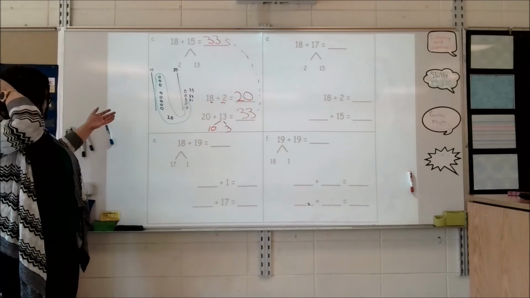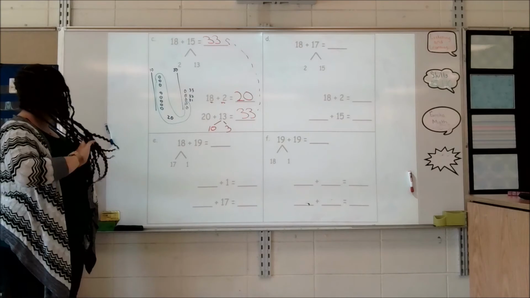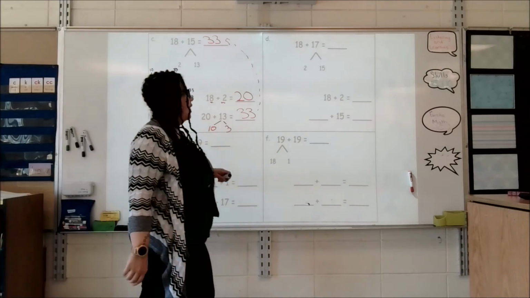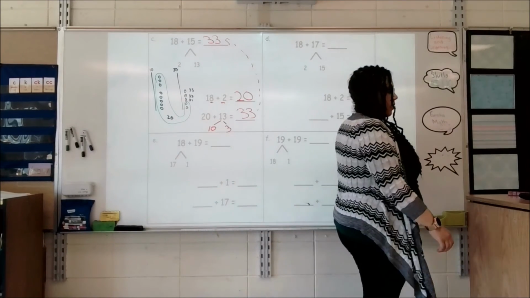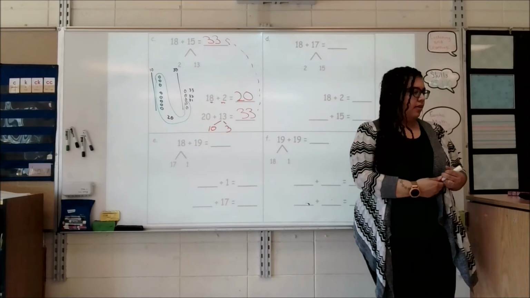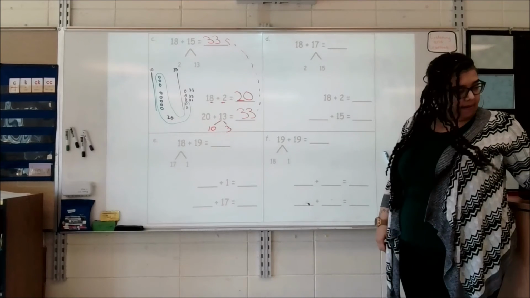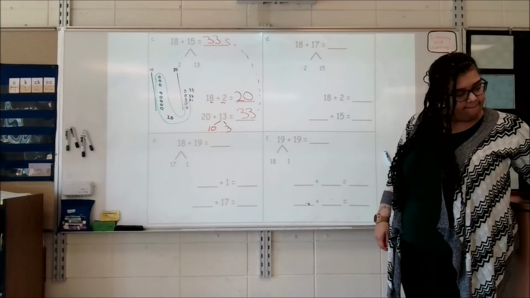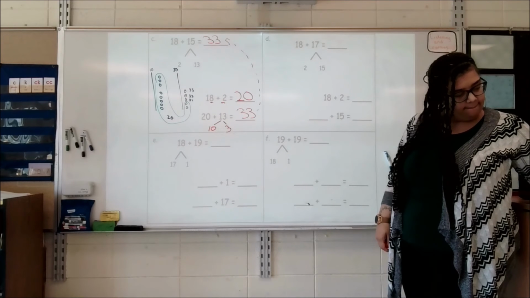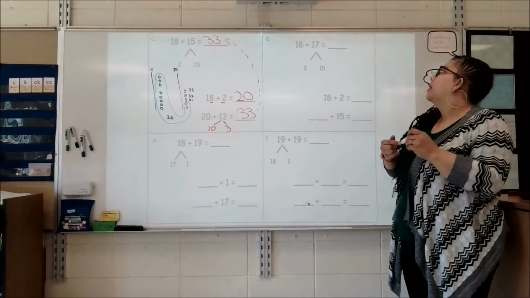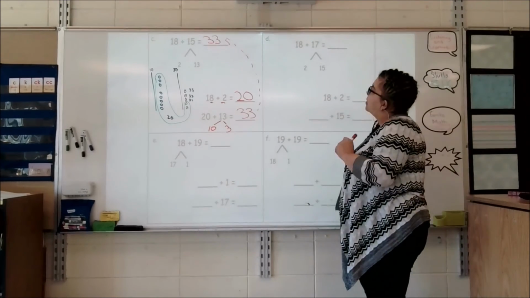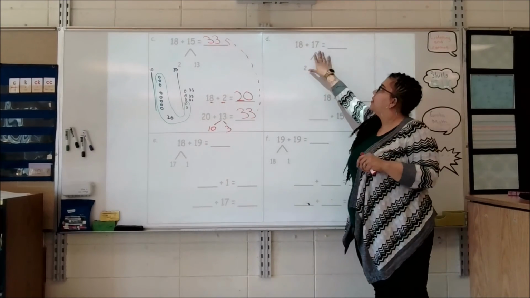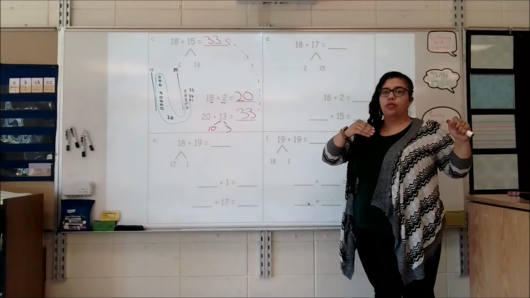All right, now, looking at 18 plus 17. Let me see, hold on. 18 plus 17, we're given the same directions: from the 17, we're going to pull out 2.